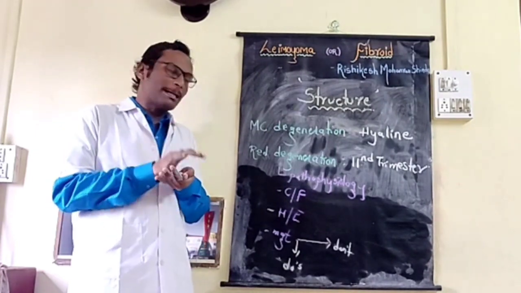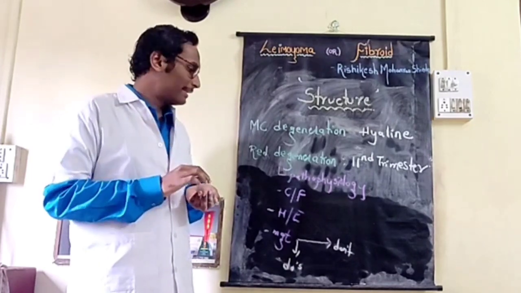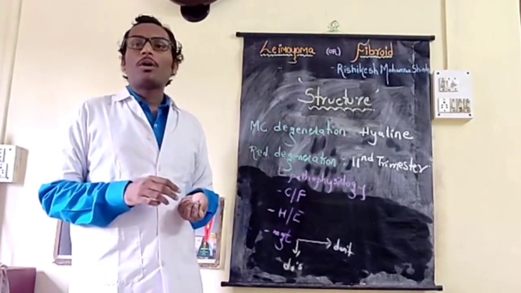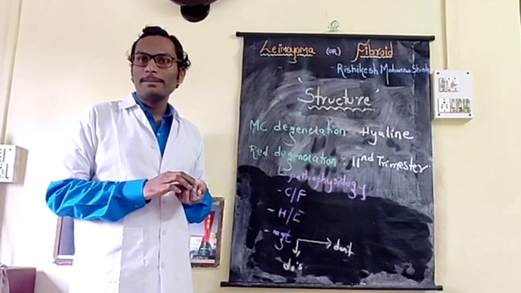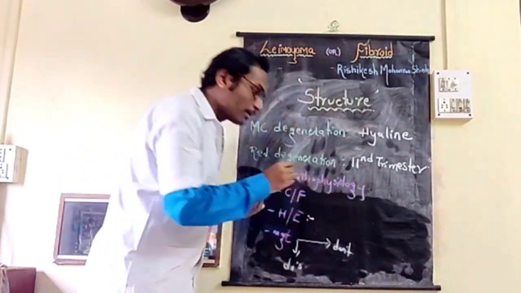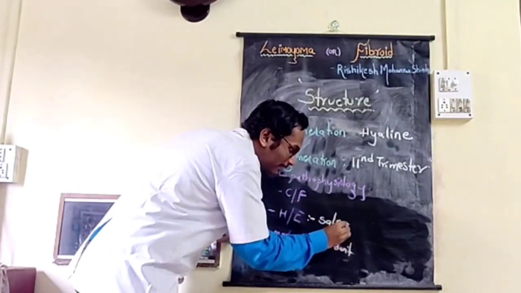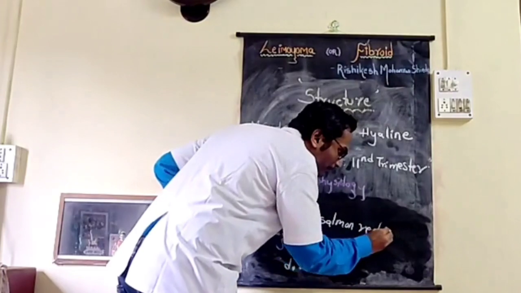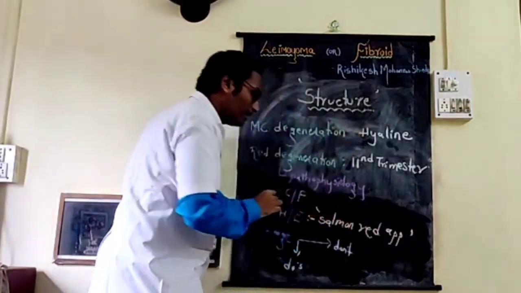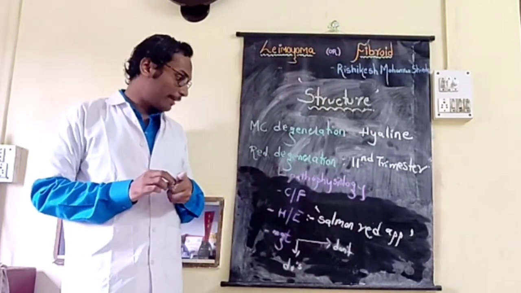She will complain of pain in the abdomen, and other symptoms like nausea and vomiting are also present. On histopathological examination, we will get a salmon red color appearance of the fibroid, hence the name red degeneration of the fibroid.